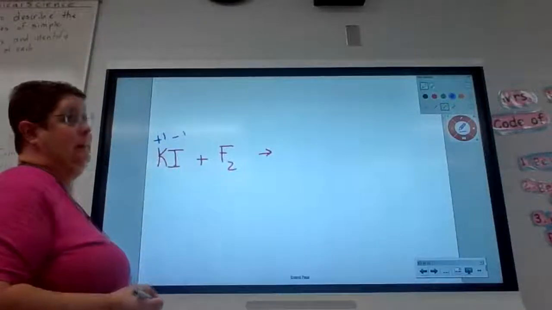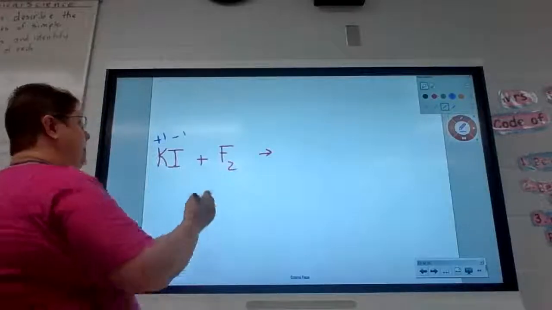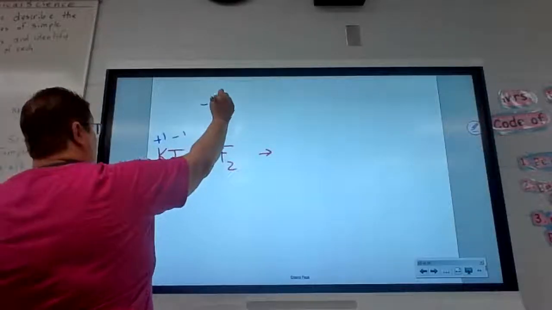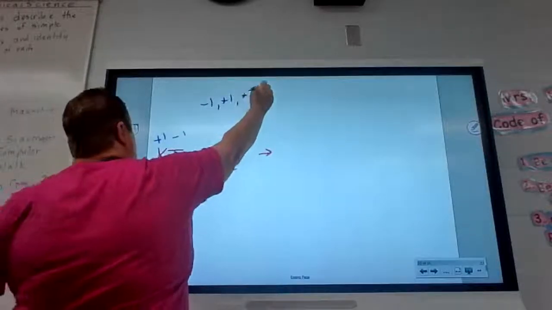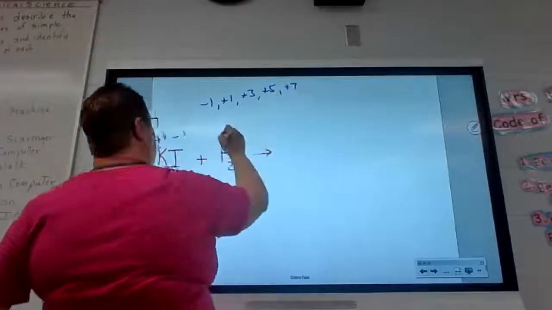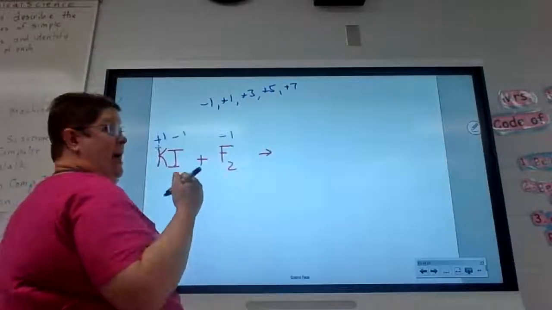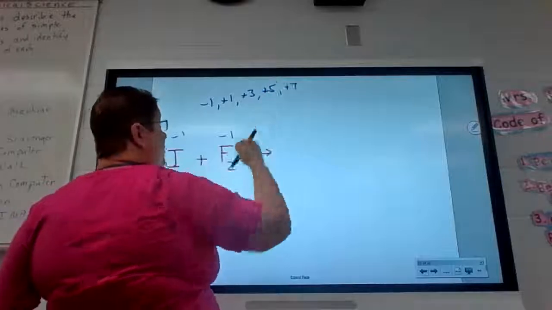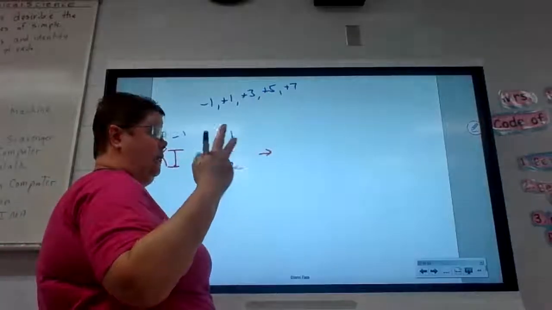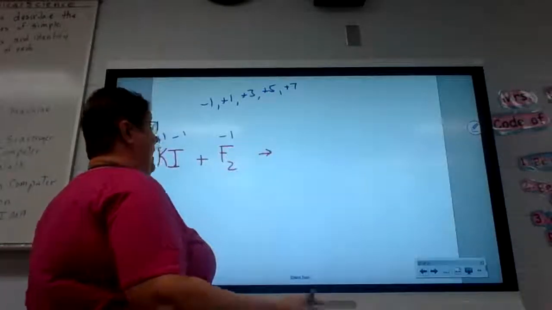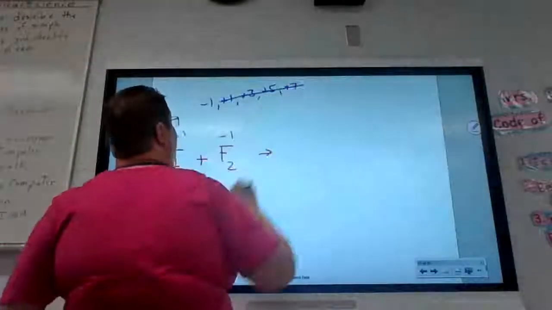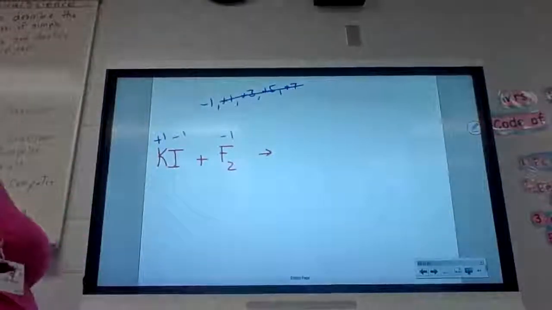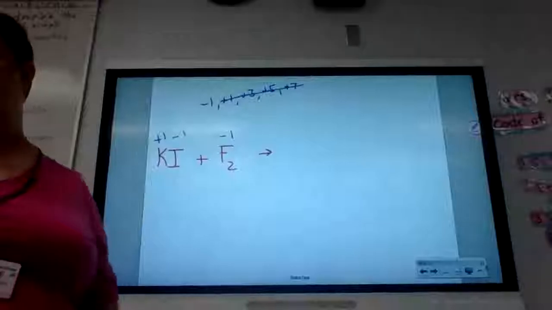What's fluorine? It's got -1, +1, +3, +5, and +7. It's -1. I'm telling y'all now, all the ones that have these written here, fluorine, bromine, and iodine, we're only using the -1s this semester. We will not use all those positive oxidation numbers.